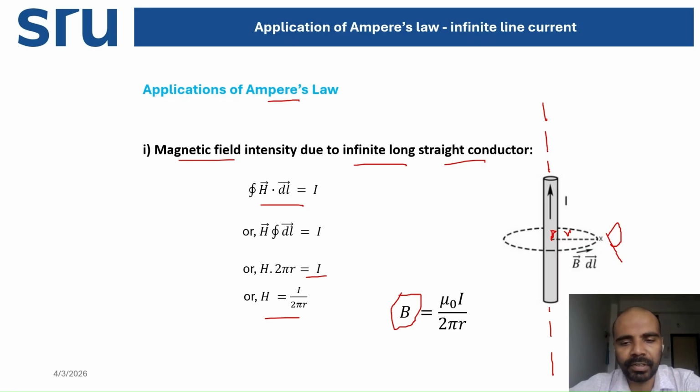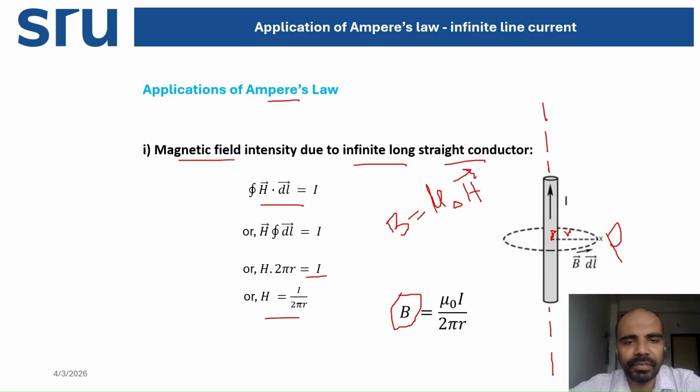And we know the relation between B and H, that is B equals mu naught H. So in terms of B, it is mu naught I by 2 pi r.